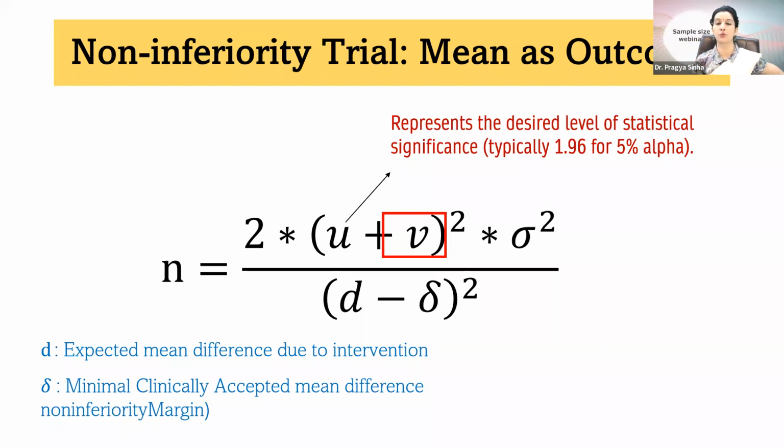So I hope now you know what U and V are. U is for the power of the study and V is for the alpha error, or the clinical significance. Is it clear? I think one of you can type yes. Okay, now I assume that you know what U and V are.